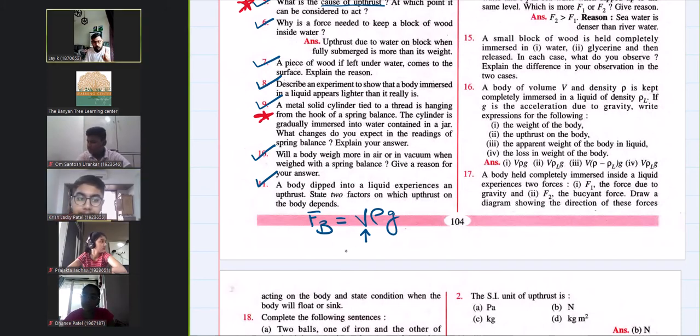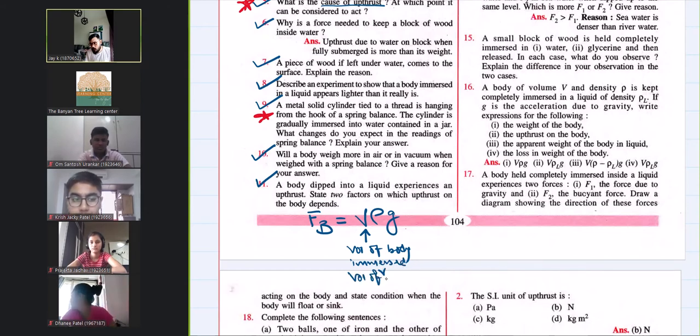The volume of body immersed और the volume of liquid displaced दोनों एक ही है. जितना वॉल्यूम ऑफ बॉडी इमर्स होगा उतना वॉल्यूम ऑफ लिक्विड डिस्प्लेस होगा. ठीक है. So this is volume of body immersed और volume of liquid displaced, दोनों एक ही चीज है.